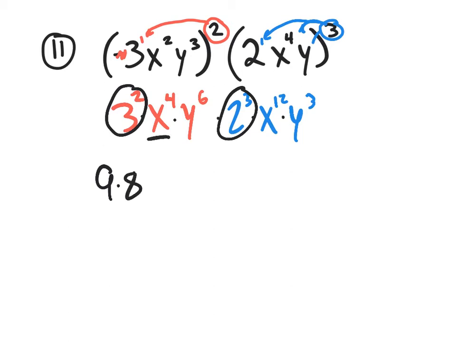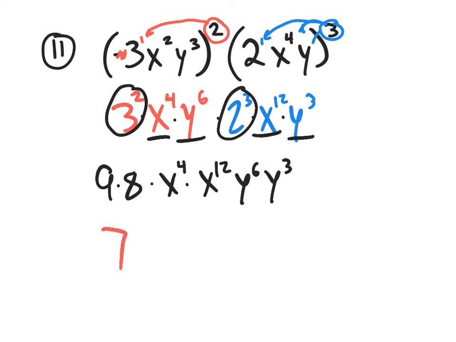And then let's bring down the x to the 4th, and the x to the 12th, and finally y to the 6th, and y to the 3rd. And now that it's all organized, we could clearly see that the answer is 72, x to the 16, y to the 18, right?